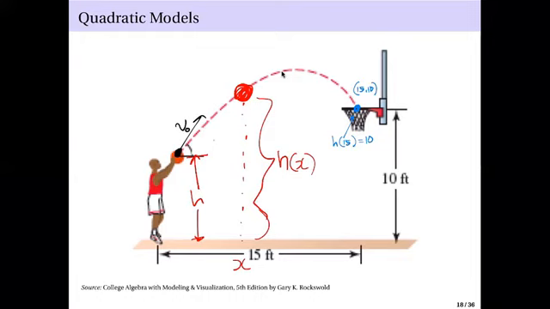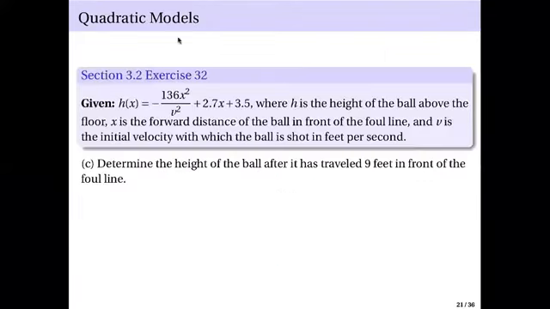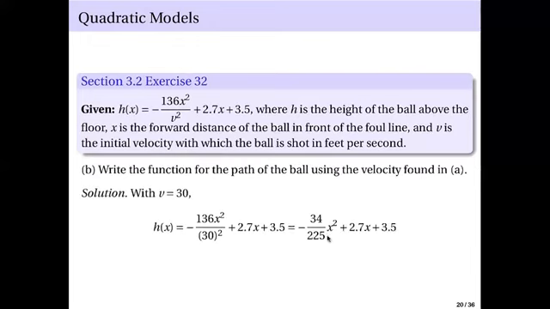But to do that, we can just plug in. Correct? We can just plug in x equals 9 in this equation or in this equation. Okay? We just need to plug in x equals 9 in this equation and we will have the height.